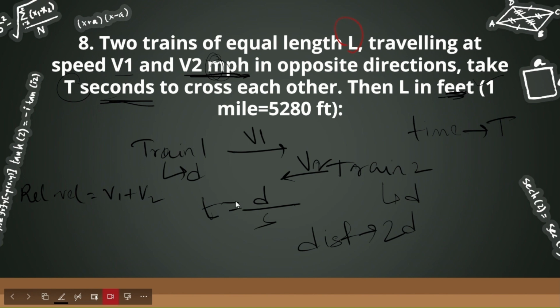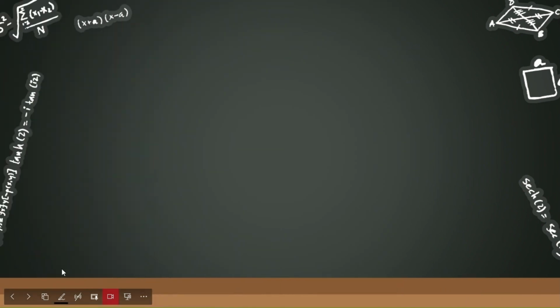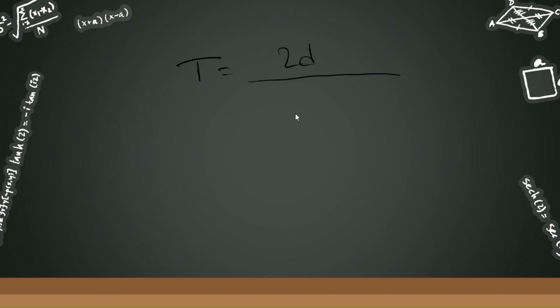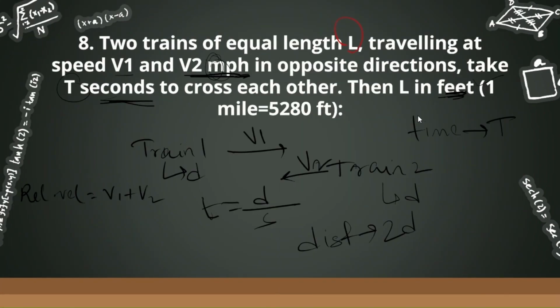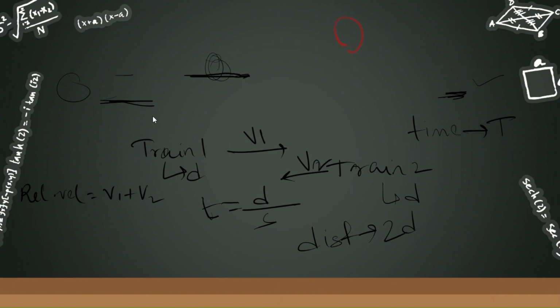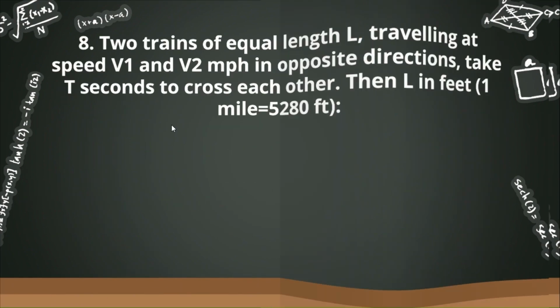So we apply the simple formula. Time is equal to distance by speed. So time is t, distance is 2d, speed is v1 plus v2, the relative speed. Now this v1 and v2 is in miles per hour. We need to convert this into feet per second. The question asks in feet and the t is in seconds, so feet per second.